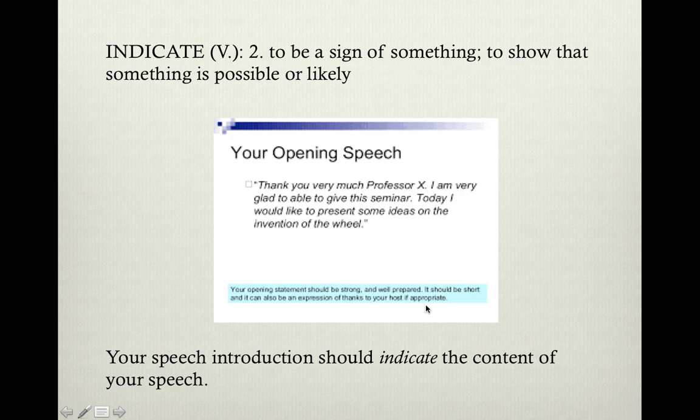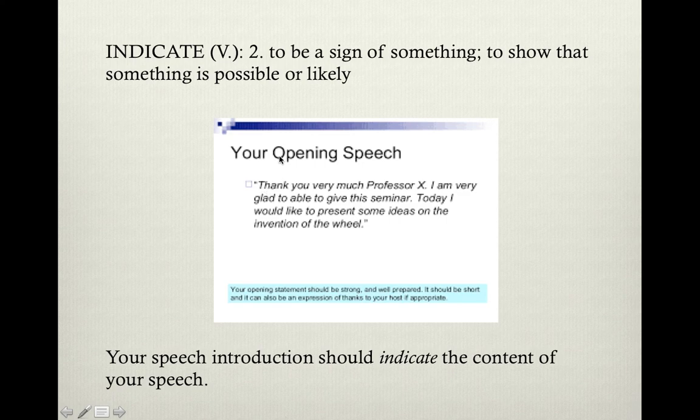Okay, this is the sign of something. So what you are going to talk about next in your speech is going to be contained in your introduction. So the introduction should show the sign of what you are about to develop. Should indicate what you are going to speak. Your speech introduction should indicate, should show the sign of what you are about to talk about in your speech.